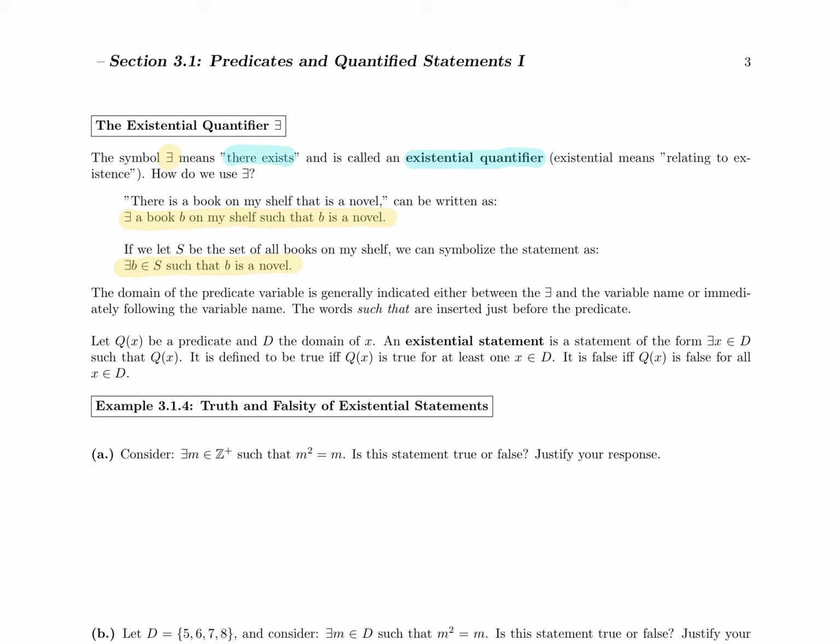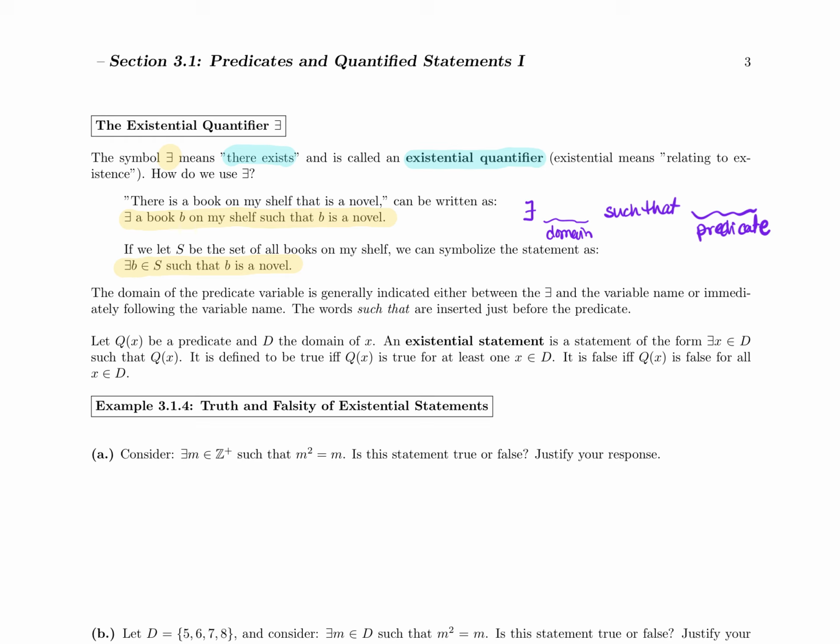And something that you're going to notice is that we brought in a couple of words that we didn't have with universals. When we talk about existential, there exists, and there's something about our domain, right? And then there will be a such that. And then we'll get our predicate.